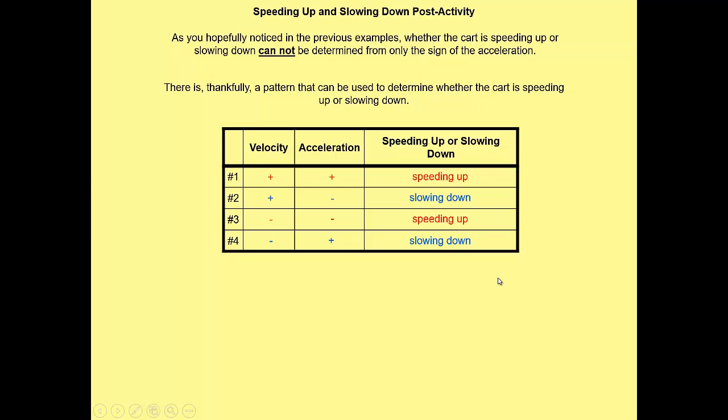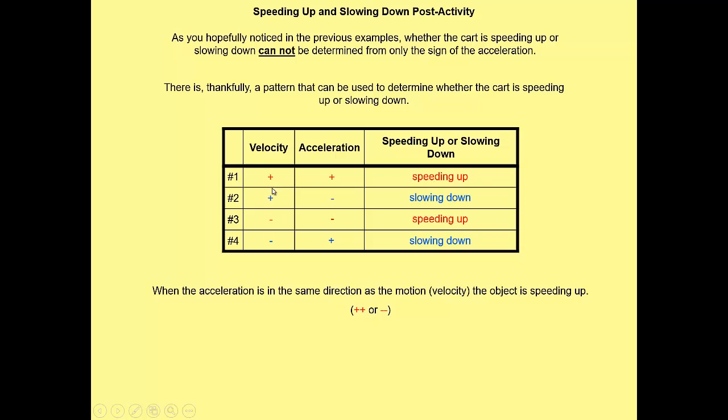So obviously, it's not as simple as positive being one thing and negative being the other for an acceleration. It's more complex. But do you see a pattern when you compare the sign of the acceleration to the direction the guy was moving? What does it take for him to be speeding up? The direction he's moving and the acceleration have to be the same direction.